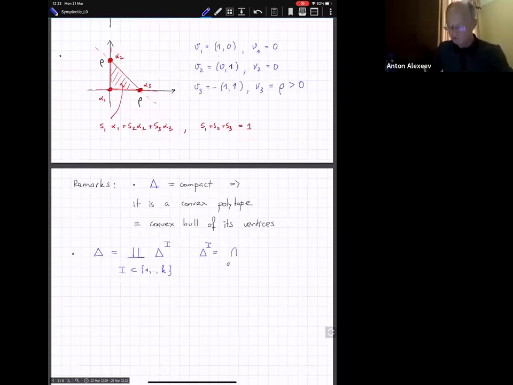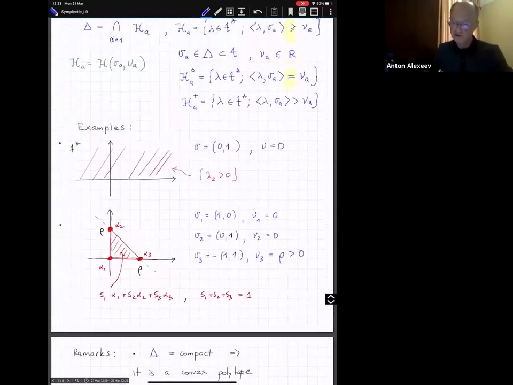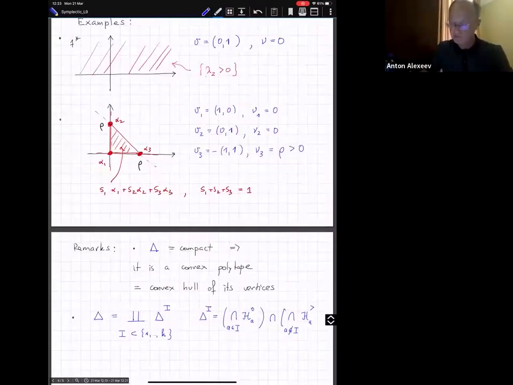So for a in this subset I, you consider the intersection of the corresponding hyperplanes, and then you intersect it with the intersection for the other indices, which are not in I, of the H pluses, right?